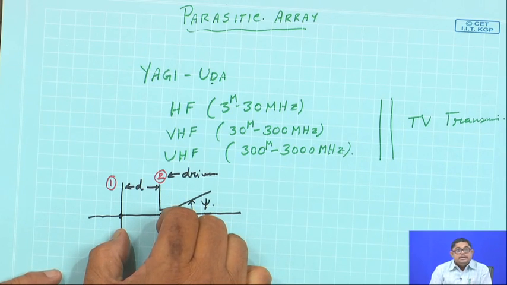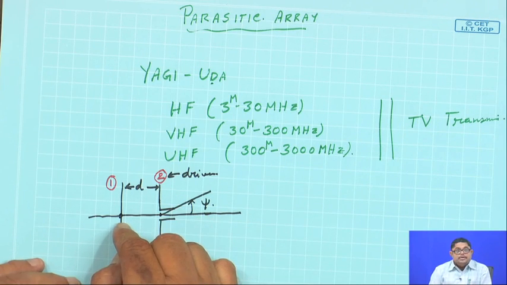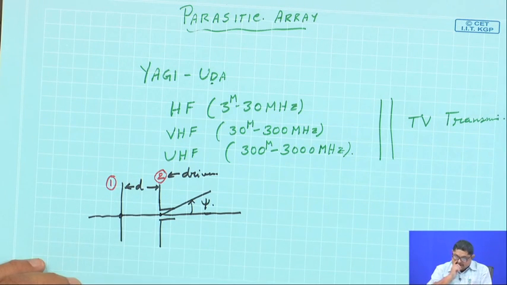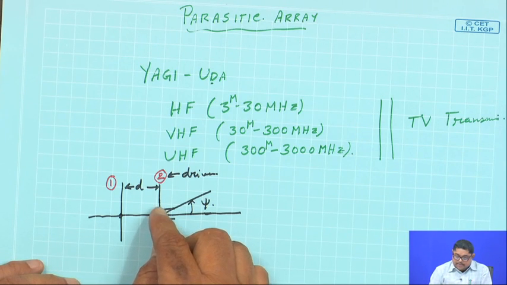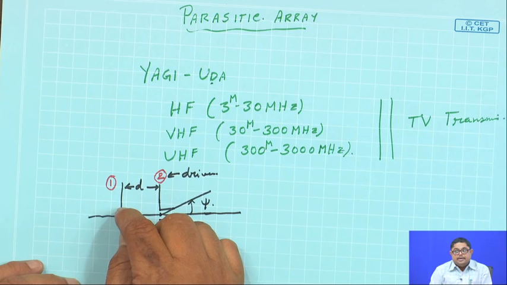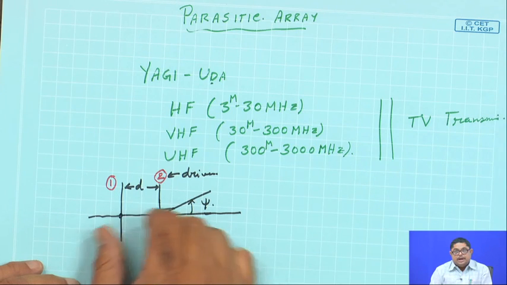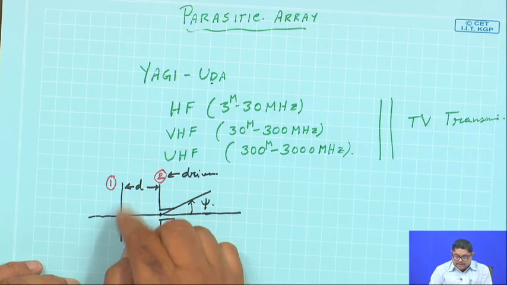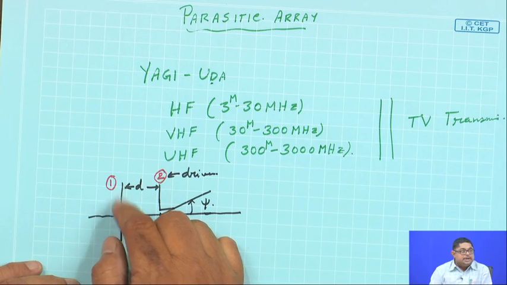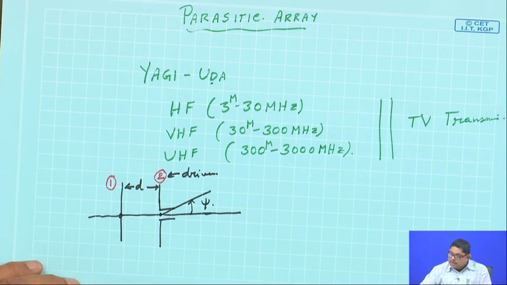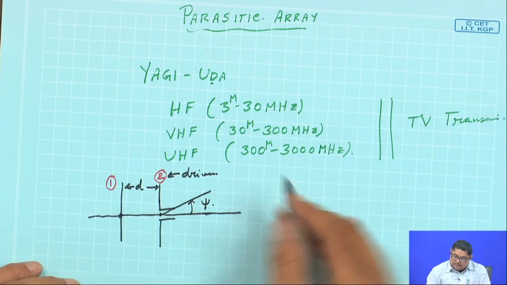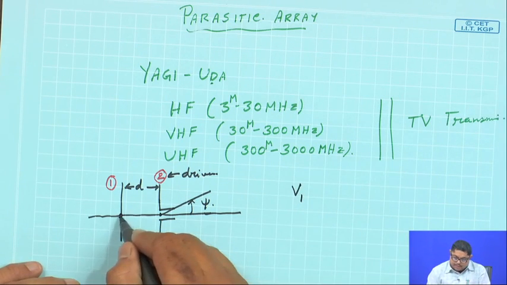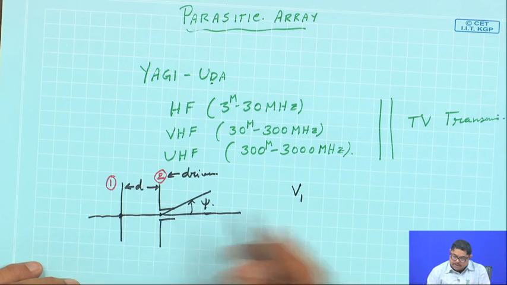Now, since this radiator 1 is nearby and is a conductor, some of the radiated field will be induced here because of mutual coupling between them, and that will also induce some current here. So I can write the voltage at port 1, this is my port 1, this is my port 2.